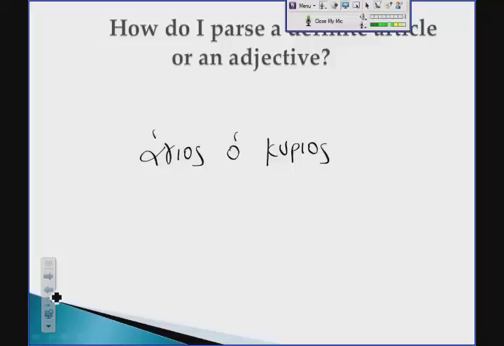Okay, first, how would you translate a predicative adjective? It's not attributive. It is not the holy Lord. It is predicative. The Lord is holy. But then you have two adjectives, dikaios kai hagios.